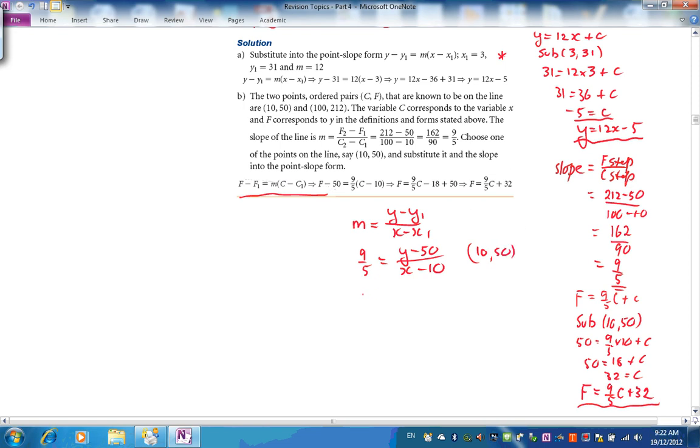And so if you do that, you get 9 over 5x take 9 over 5 times 10 equals y take 50, and so on.